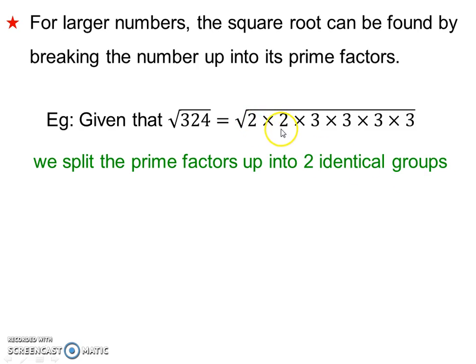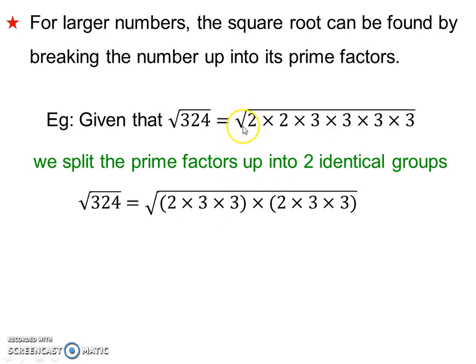So I've got 2 2's, so one of the 2's goes into one group, the other 2 goes into the other group, and we keep splitting the 3 into one, the 3 into the other. So it would end up looking like this. That 2 would go there, the other 2 would go there. One of the 3's there, one of the 3's there, 1 3 there, and the last 3 over to here.